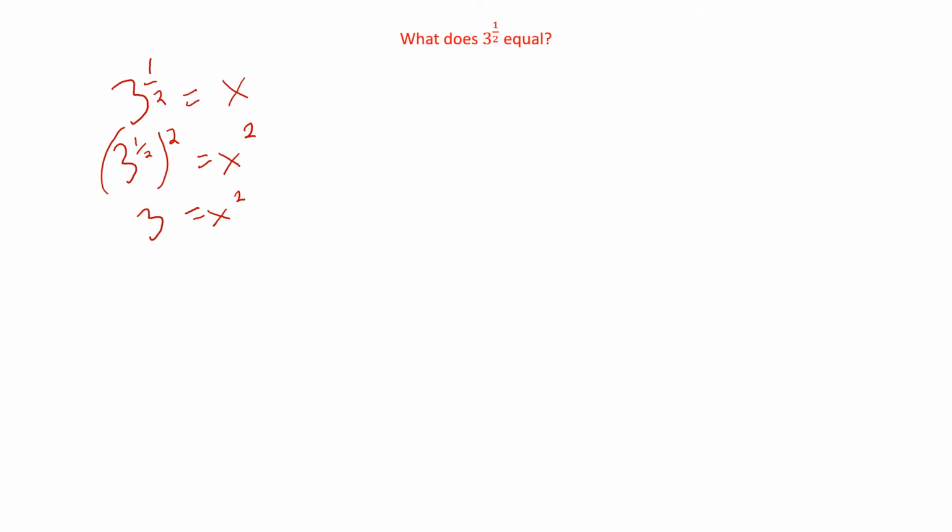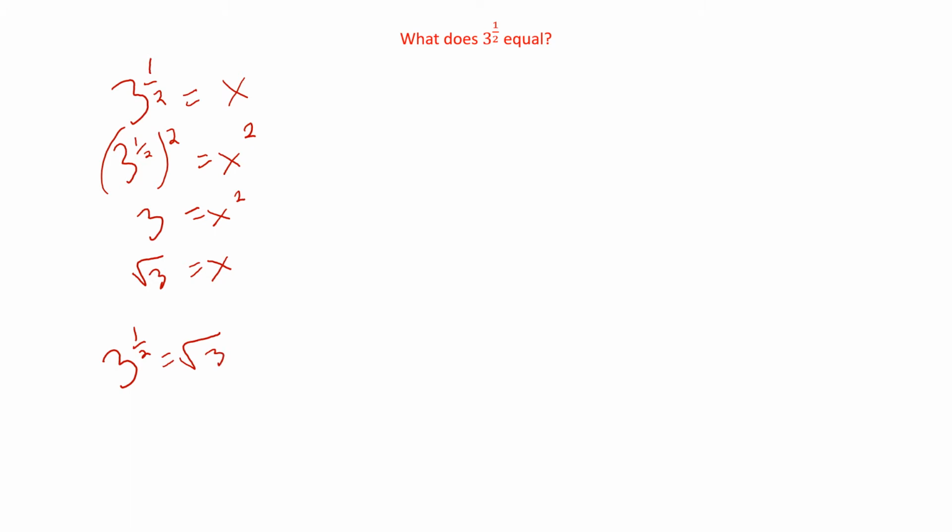Well, so x squared equals 3, so what times itself is going to equal 3? That would be the square root of 3. So what does 3 to the 1/2 equal? 3 to the 1/2 is the square root of 3.